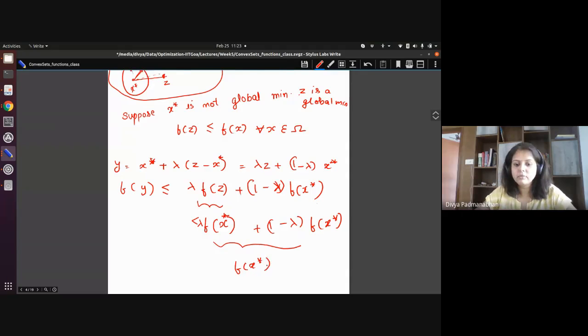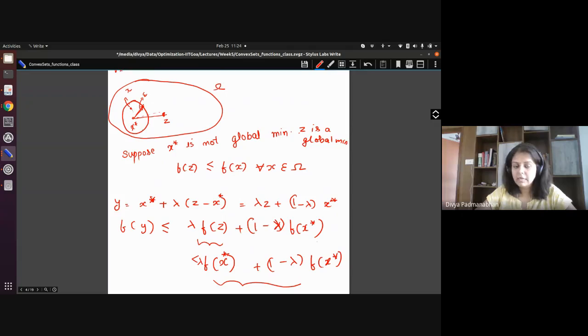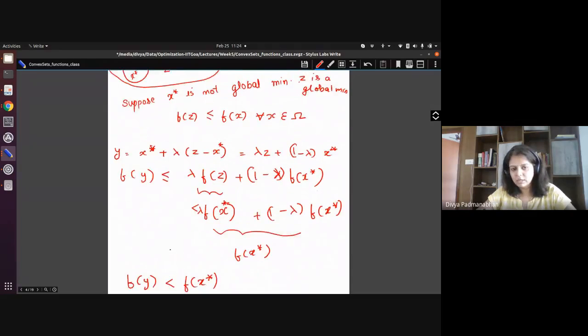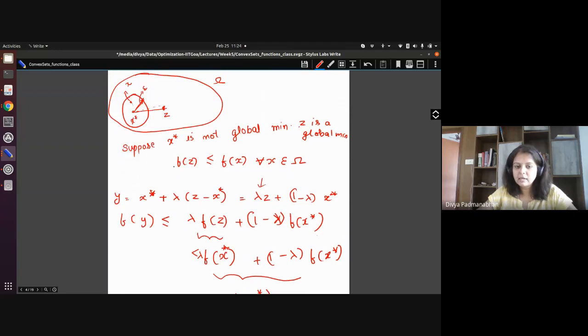So we have found a point y with f of y strictly less than f of x star, and y lies on the line joining x star and z. This is true for any point y parameterized by lambda. Suppose you take lambda very small, so that the new point y lies within this ball.